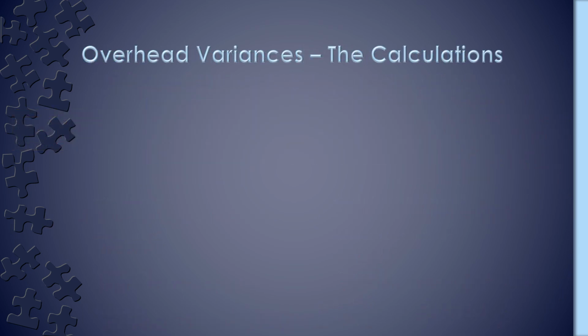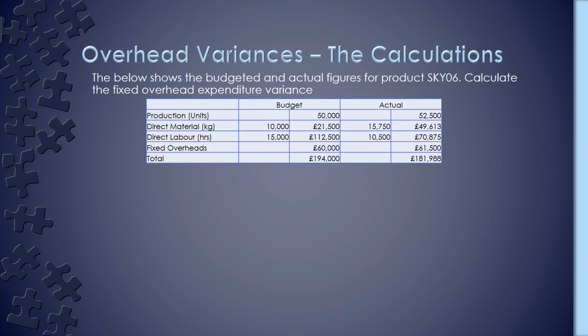So the final variance then we need to work out is our overhead variances. So our question here, and we're looking here for the fixed overhead expenditure variance. So this one's nice and easy as we're only looking for expenditure. So our standard cost then, £60,000 is what we were expecting to spend, and our actual cost was 61,500.